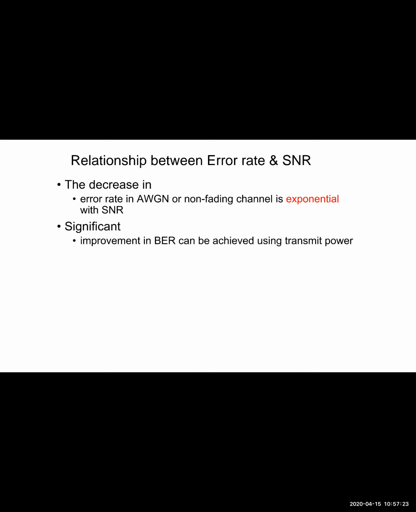Yes, sir. So we have three mobile channel characterizations. One, additive white Gaussian noise. We have flat fading. We have frequency and time selective. Now we've done everything on additive white Gaussian noise. We made a conclusion that when you increase the transmit power, the bit error rate decreases exponentially.